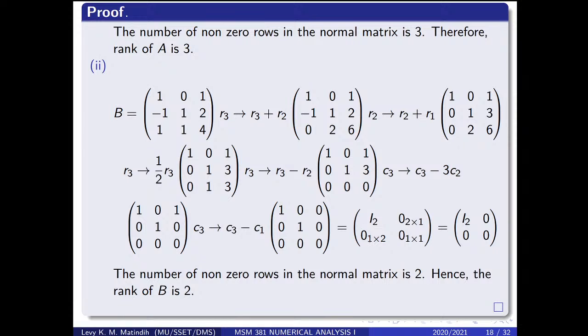So in short, this is what we have, which you can also write as I2, 0, 0, 0. So this is the normal form of the matrix.